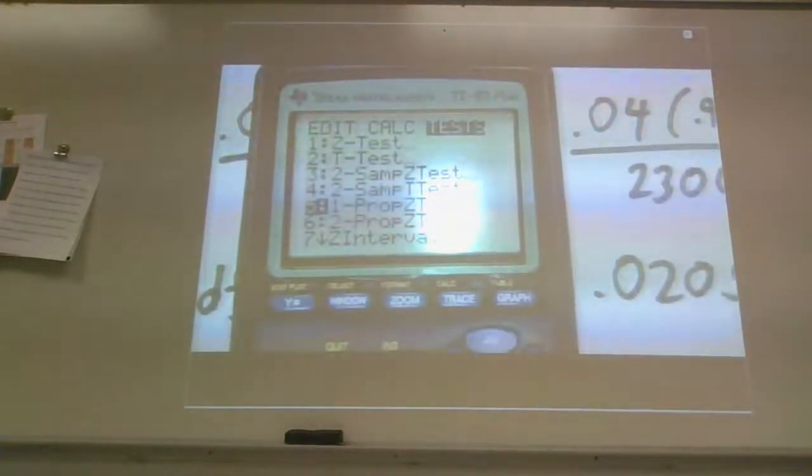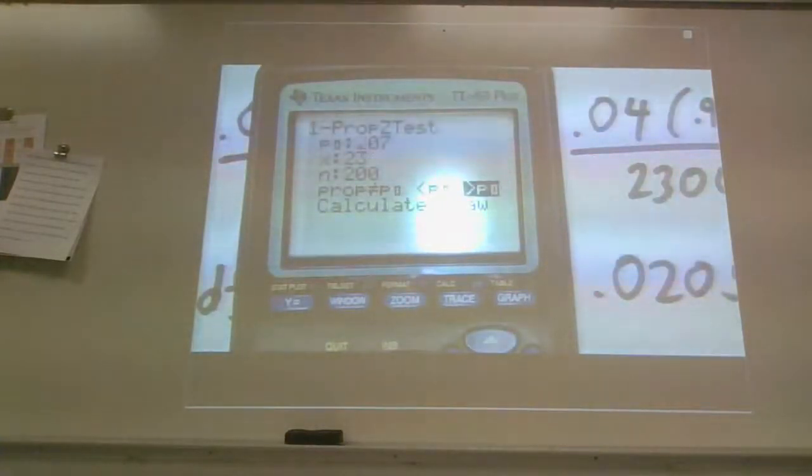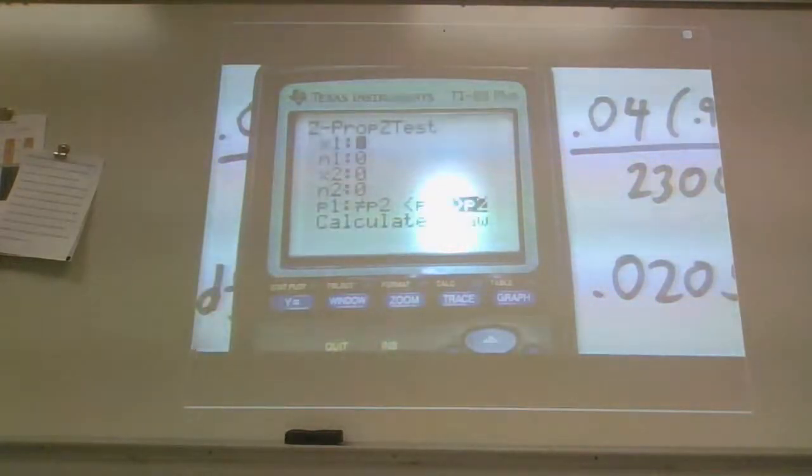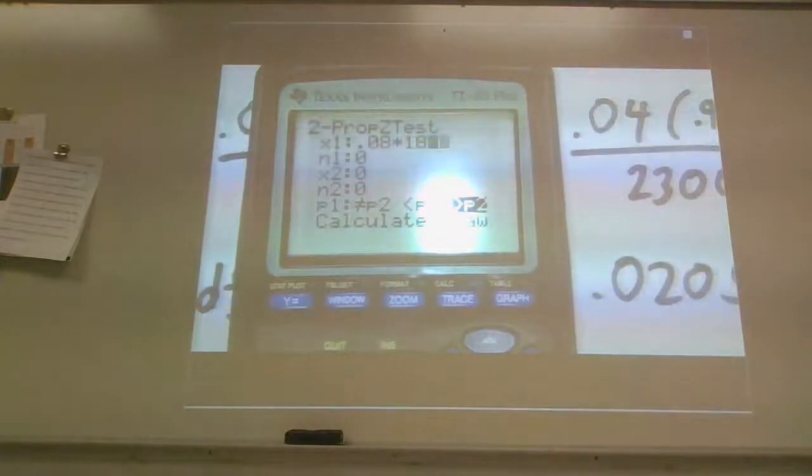In the 2-prop z-test, I believe when we typed in the information, we did something like this. It was like 0.08 times 182 and 182. And then it was 0.04 times 2300 and 2300.